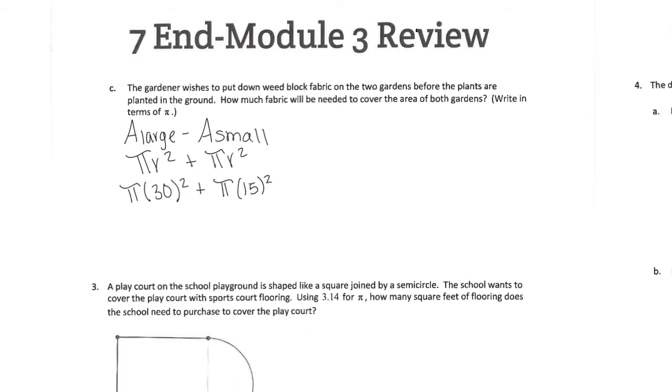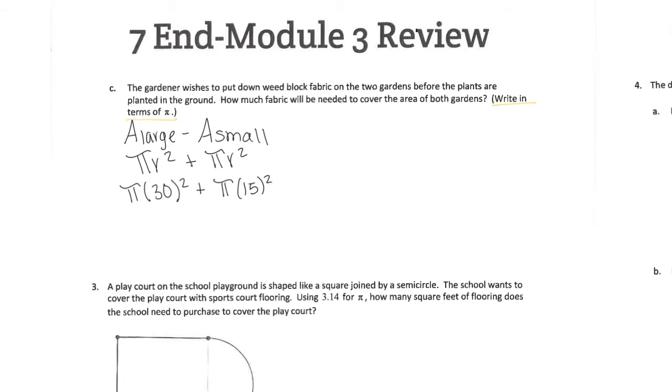So I have 15 squared. Now with your calculator, because our problem is wanting to leave this in terms of pi, we are not substituting anything in for pi, but we are going to take 30 squared or 30 times 30. Then you will do the same thing to 15. You can take 15 squared or 15 times 15.